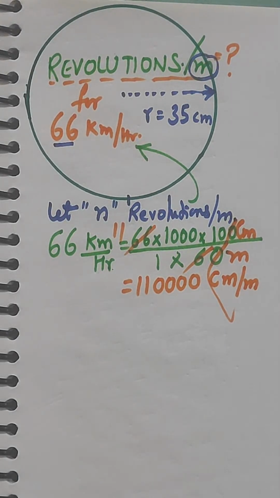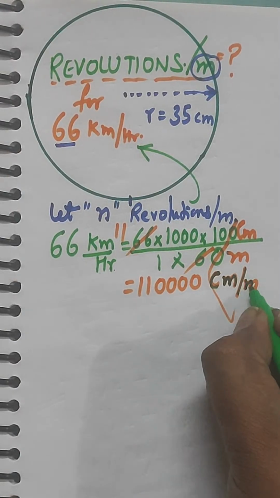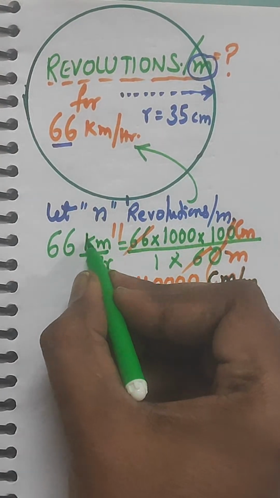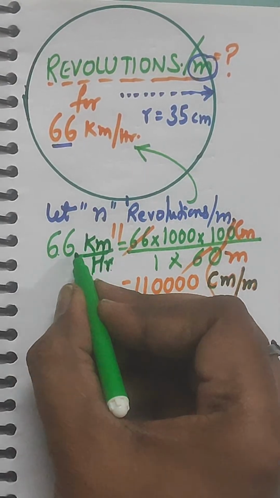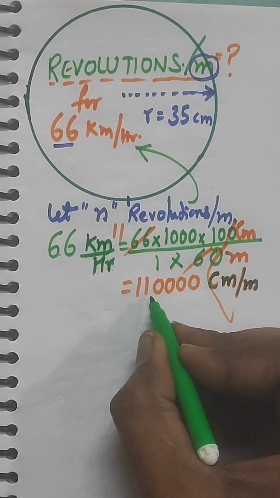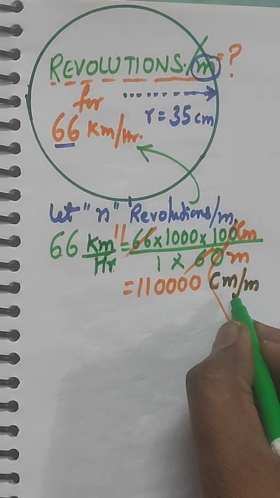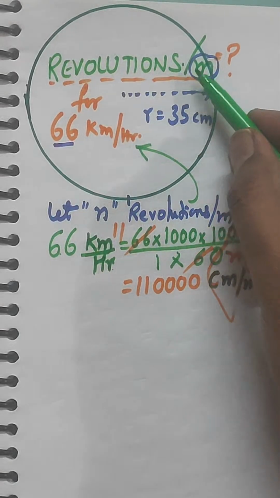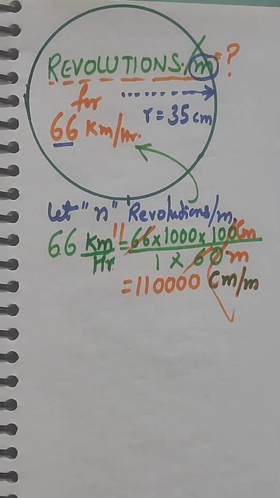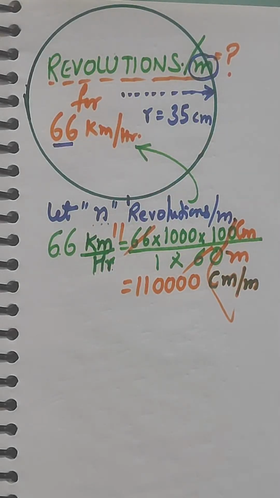This is the required speed. So 66 kilometer per hour can be written as 110,000 centimeter per minute, right? And here the revolutions per minute need to be found. As we have assumed, in n revolutions per minute this speed is achieved, right?